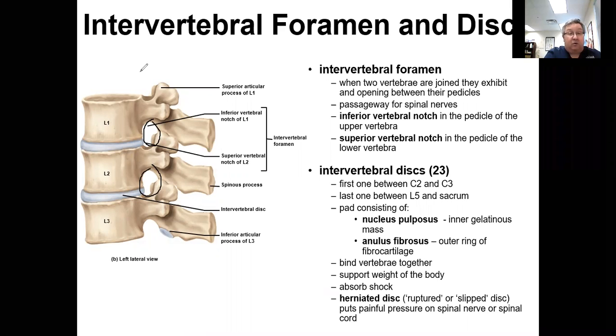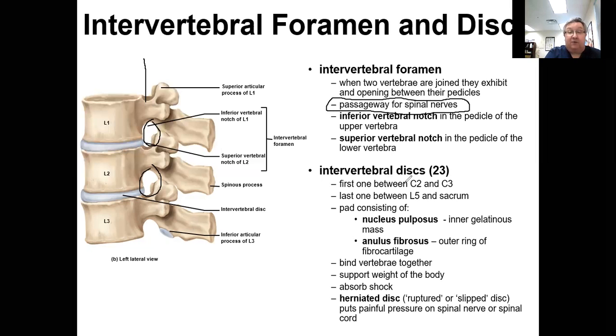The spinal cord comes down here, but then the nerves come out the side so that they can go out to the arms and the legs. So the most important job of the intervertebral foramen, and this could be a question, is that it is a passageway for the spinal nerves.